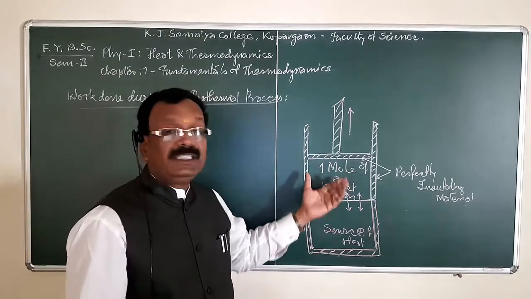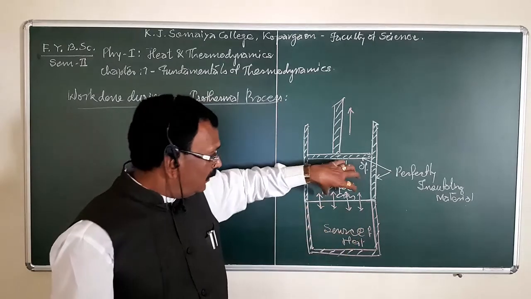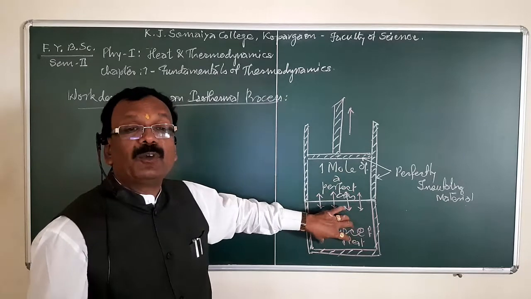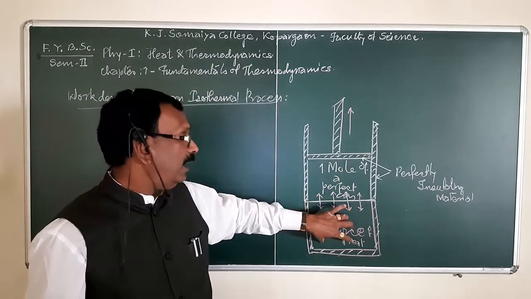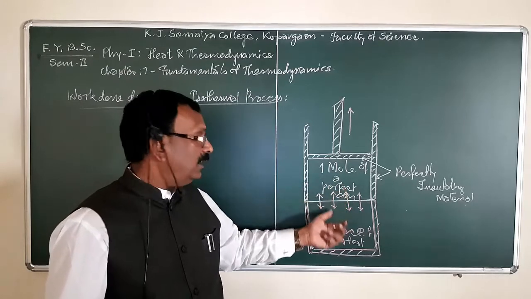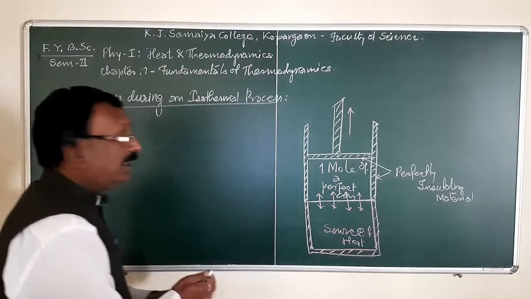But the system is placed on the source of heat, and hence the 1 mole of gas can absorb heat from the source, and after some time the temperature remains constant. This is isothermal expansion.